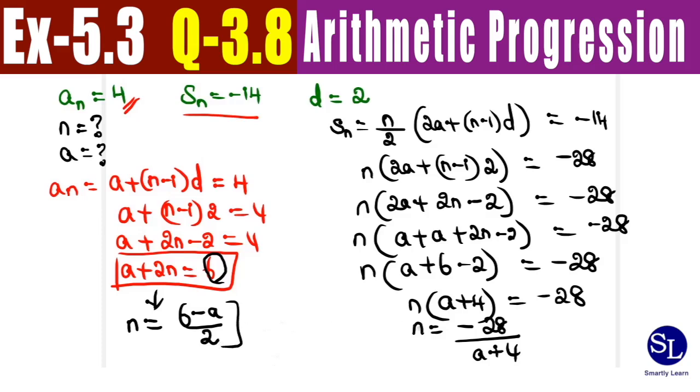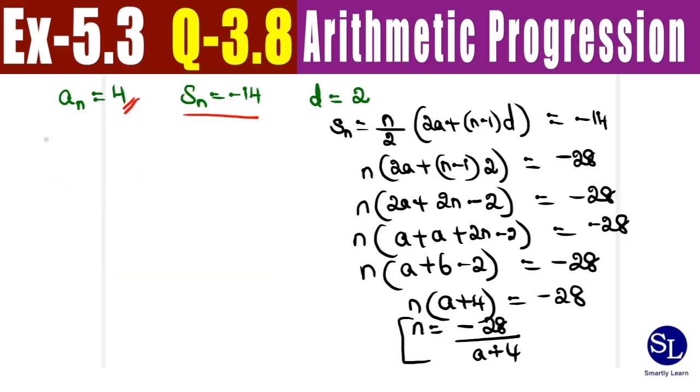Since both are values of n, I can equate these two expressions to solve for a. So let's see how that is getting done. On one hand, we had the value of n as (6 minus a) by 2. On the other side, this is minus 28 divided by (a plus 4). So let's do a cross multiplication.